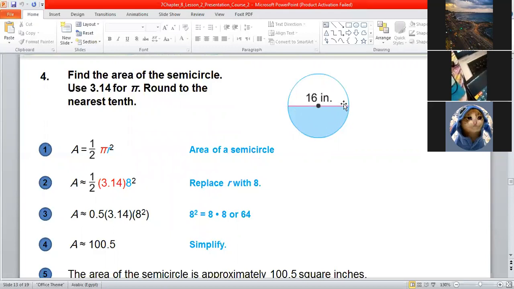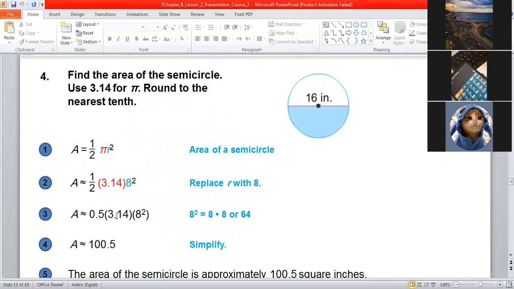If we do that on the calculator, 16 divided by 2, Muhammad. 16 over 2 is equal to 8. The result is 8, right? So we remove r and replace it with 8. So half times 3.14 times 8 squared, which is 0.5 times 3.14 times 8 squared.